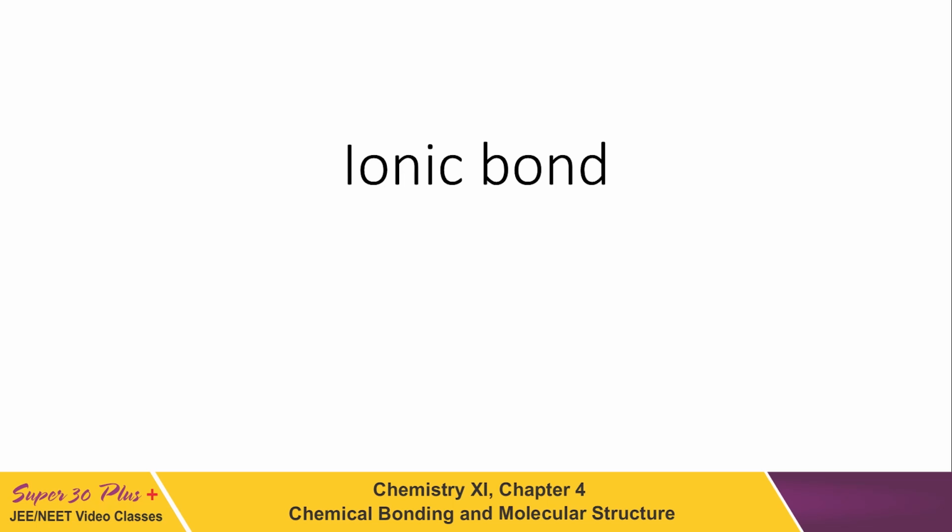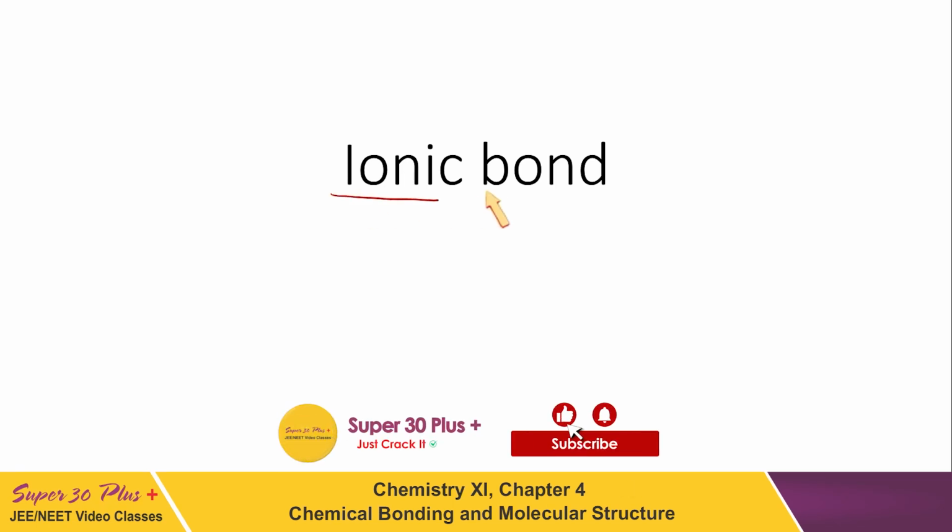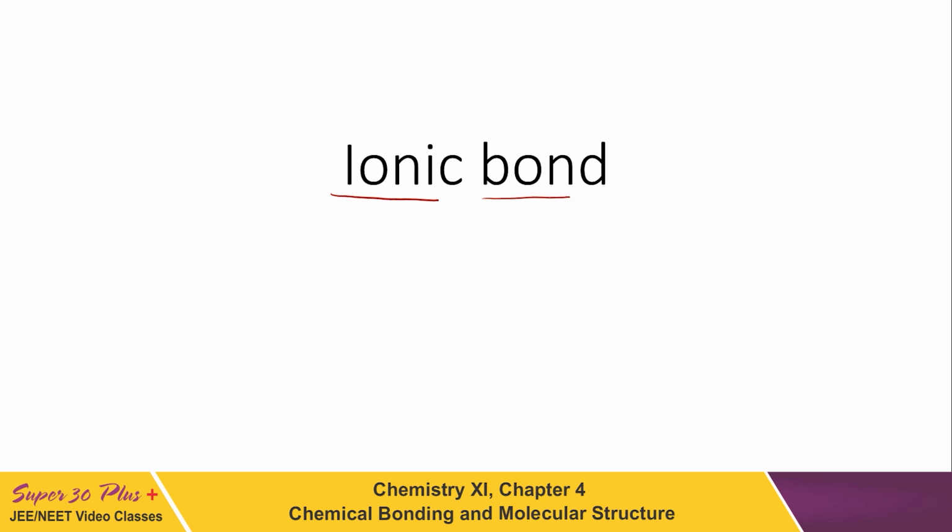So students, in this class I will tell you about the ionic bond, or you can call it electrovalent bond. This bond is formed between cation and anion, primarily, and it is an electrostatic force of attraction.